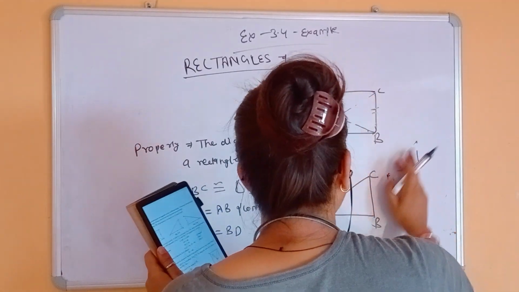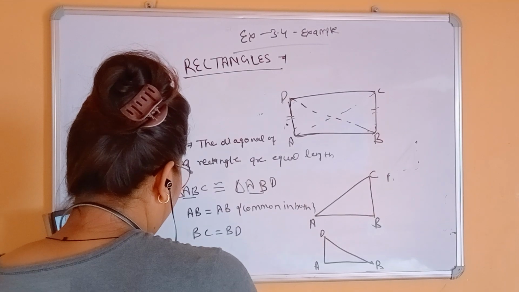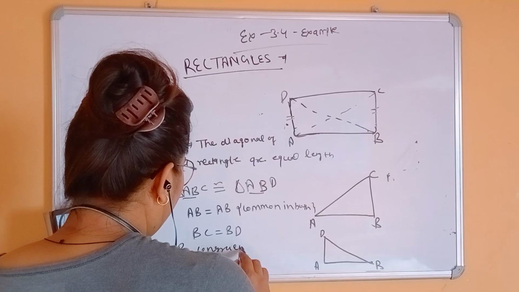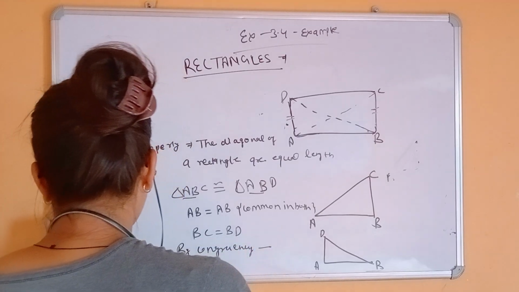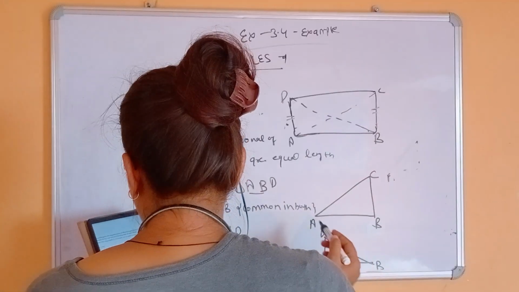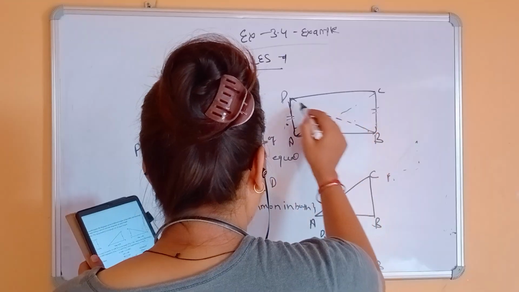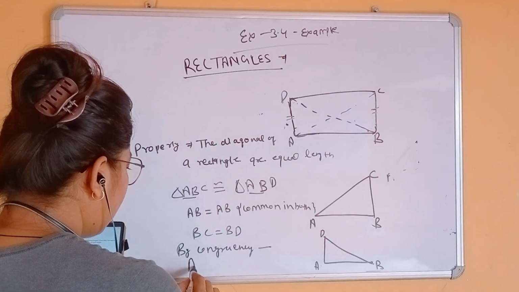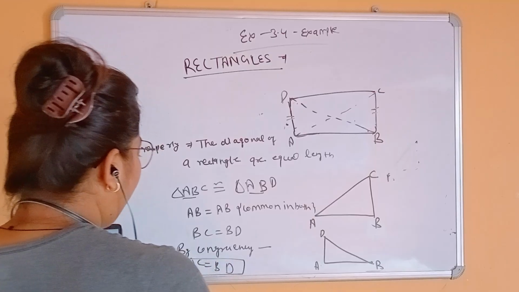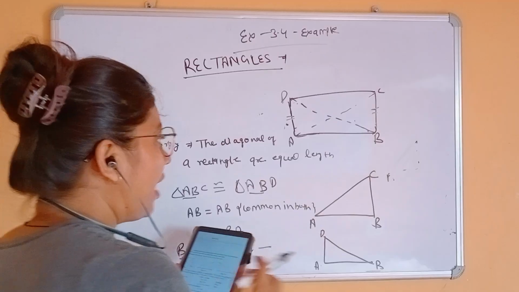So by congruency we also find AC is equal to BD. That means in rectangle both diagonals are also equal.